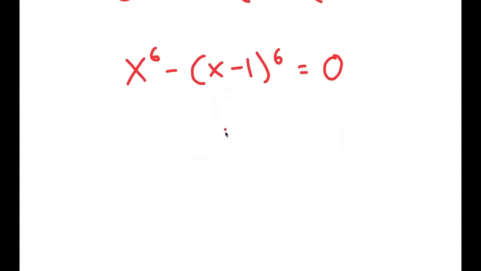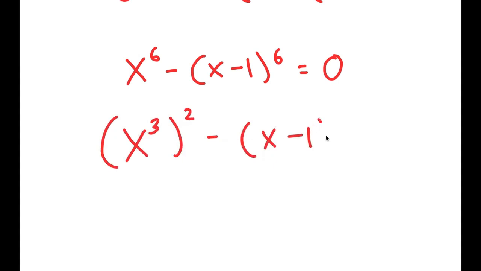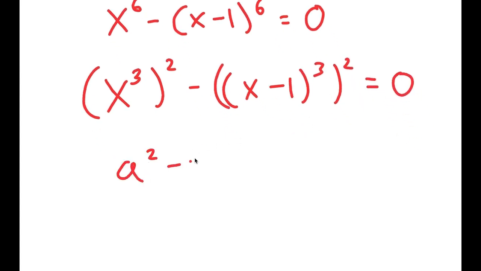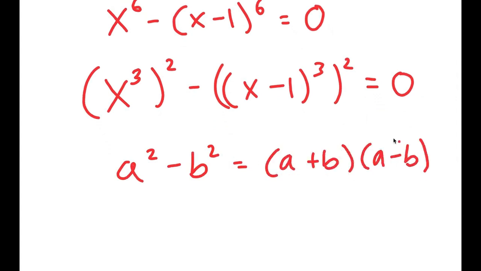Now from here, I'm going to rewrite this as (x^3)^2 minus (x - 1)^3 squared is equal to 0. And if I have something in the form a squared minus b squared, this is equal to (a + b) times (a - b).